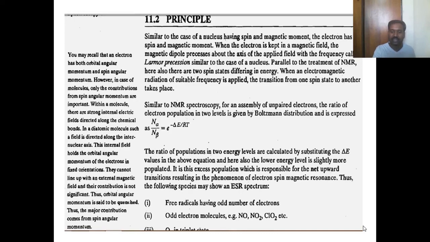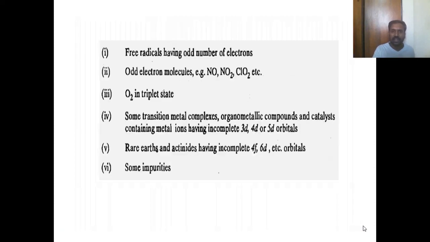But before this, we will look into one thing. Is the ESR spectrum universal? I mean, can any molecule give an ESR spectrum? That's the question. The answer is no. When compared to NMR, ESR is not a universal technique, in the sense most of the molecules are ESR inactive, but most of the molecules are NMR active, because we are looking at the spin.